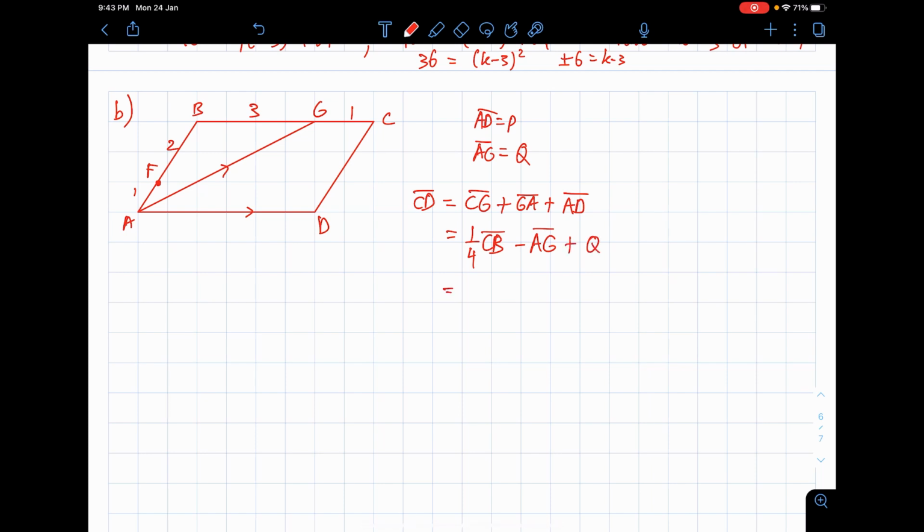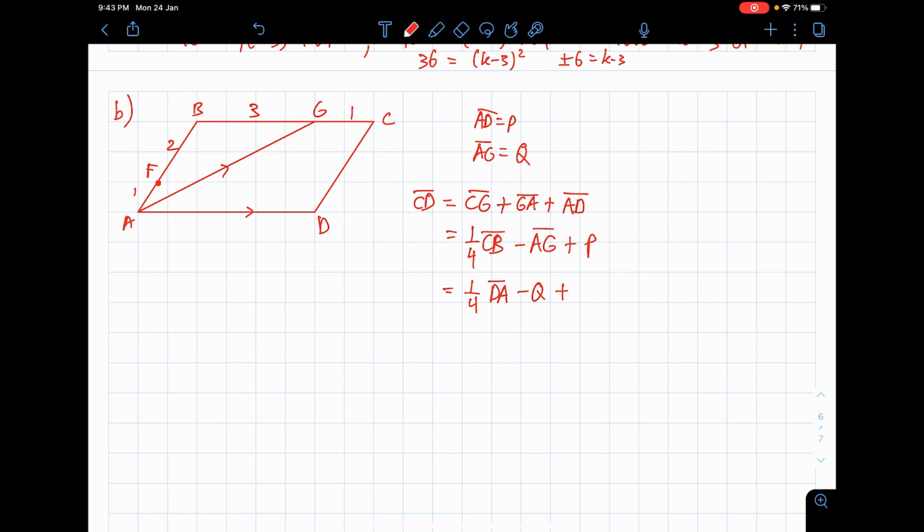Now, CB is the same thing as DA, because you see the direction C to B and D to A. They are exactly the same length and same direction, so I can replace it. Whereas AG is Q. That means the Q is going to cancel. Oh, wait a minute, I typo.